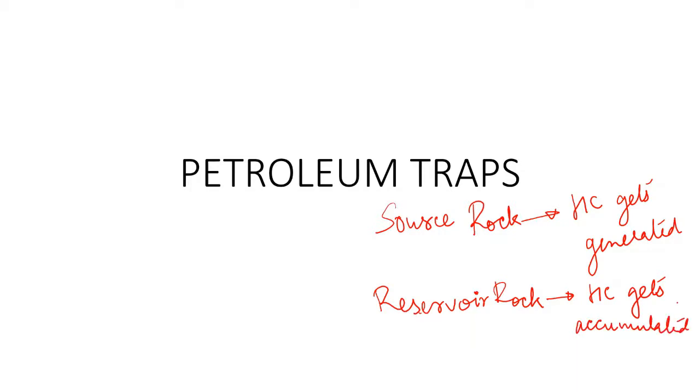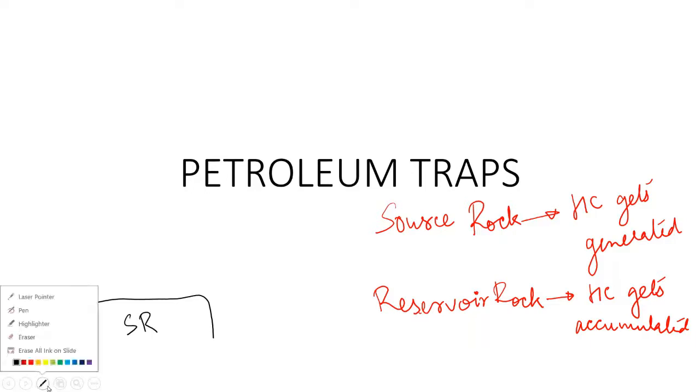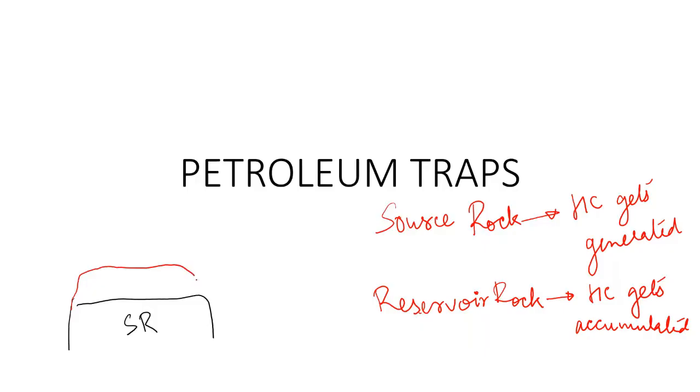Now imagine that there is a source rock. So I had also told you that in some cases the source rock itself acts as the reservoir rock, and in some other cases the oil migrates from the source rock to the reservoir rock. Let us imagine that this is a source rock, and overlying the source rock there is the reservoir rock, like this.